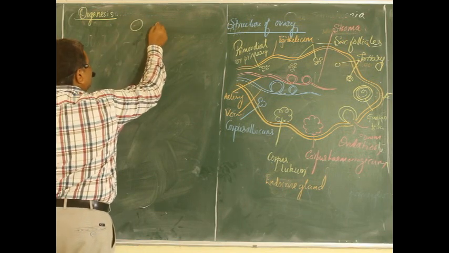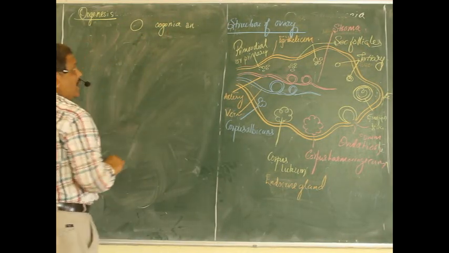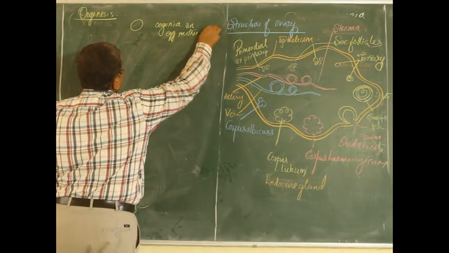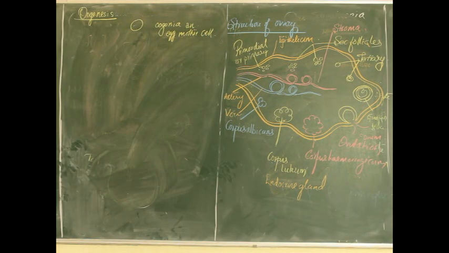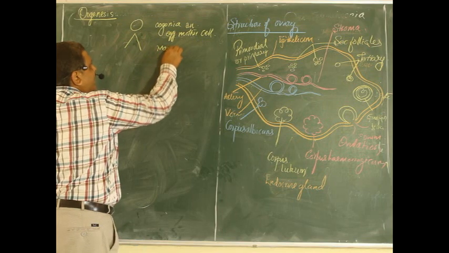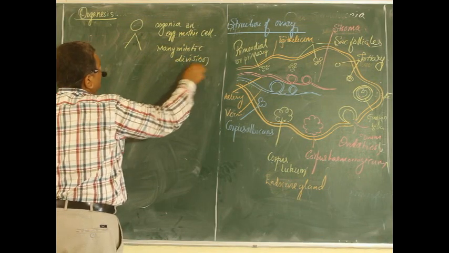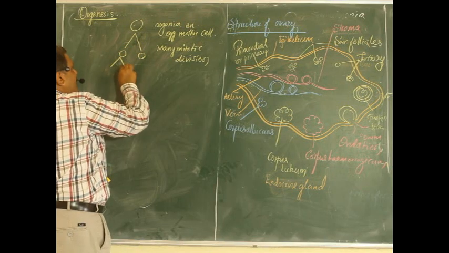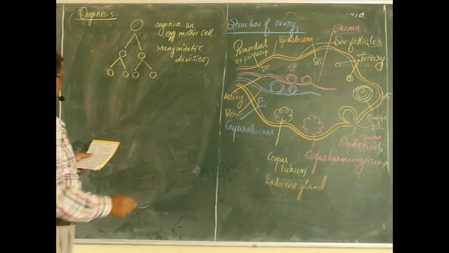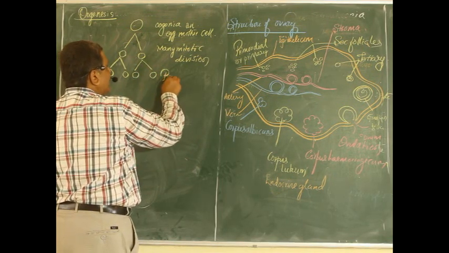Here, the diploid cells, oogonia, are also called egg mother cells. These oogonia undergo many mitotic divisions to form many oogonial cells, and then it forms primary oocyte.